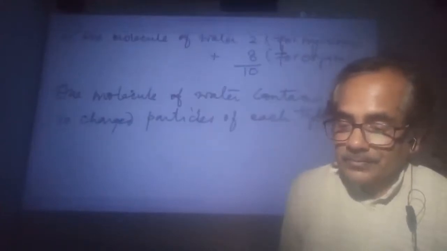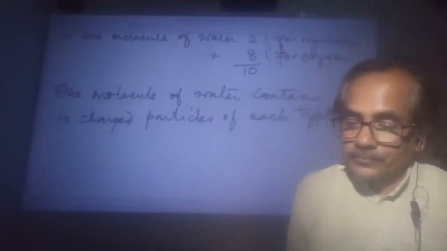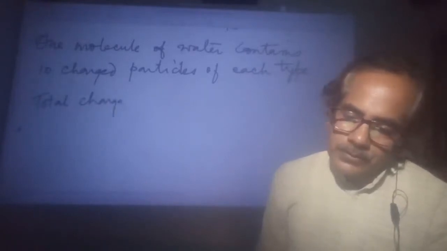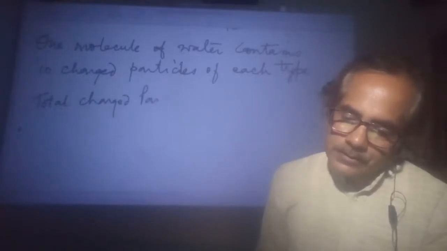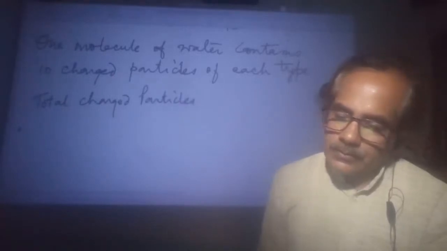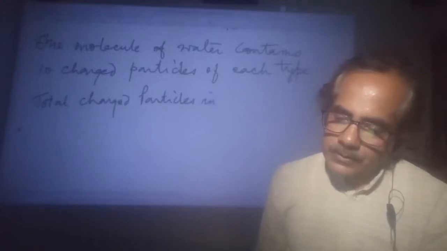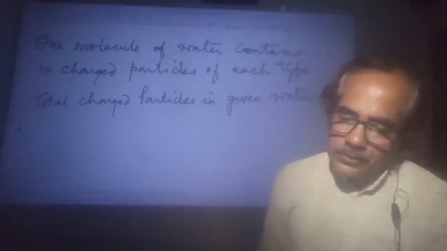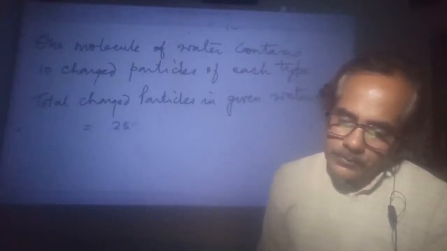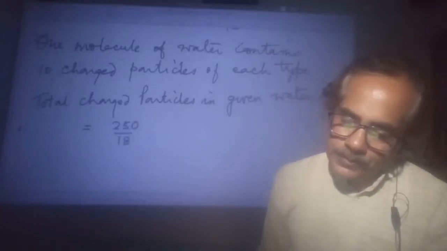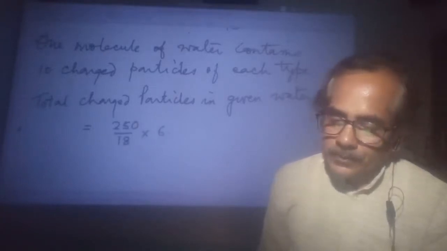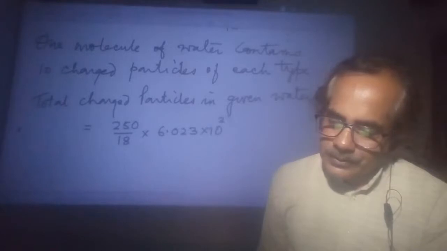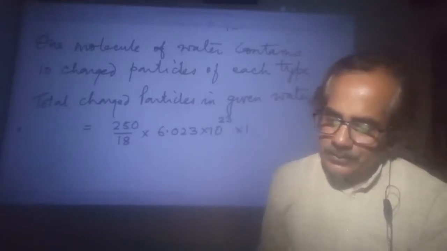So combining them all together, total charged particles in given water equal to 250 upon 18 into 6.023 into 10 to the power 23 into 10.